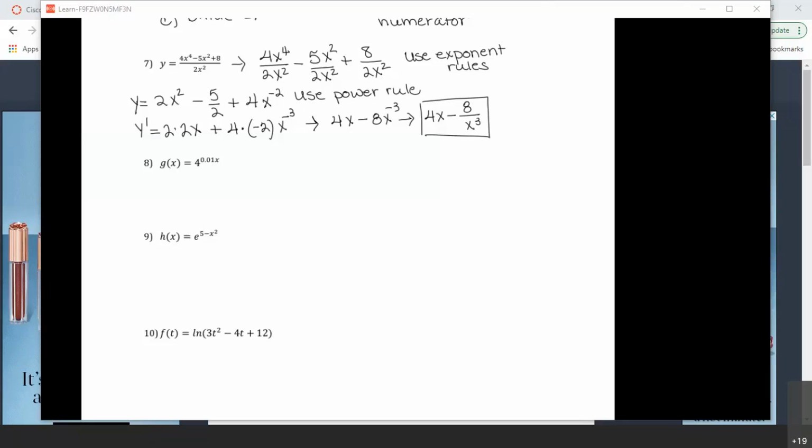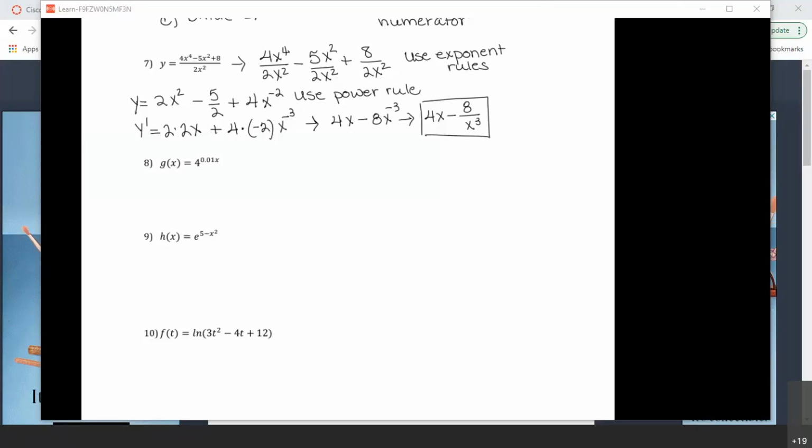What's the base of the exponential? Base 4. What about the exponent?